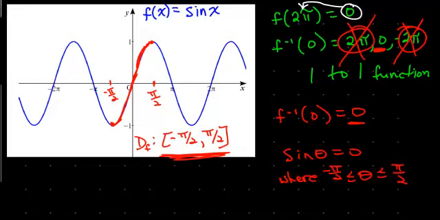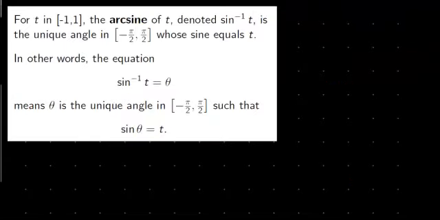Let's formalize this a bit. Here's our formal definition of the arc sine of t, denoted with the inverse sine notation here. It's the unique angle from negative pi over 2 to pi over 2 whose sine equals t. So let's say we're doing the inverse sine of root 3 over 2.